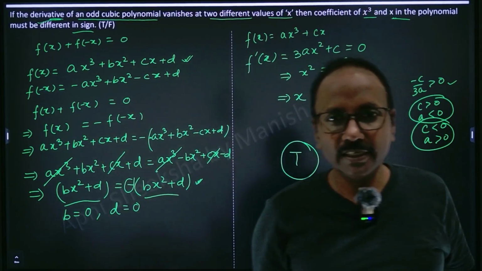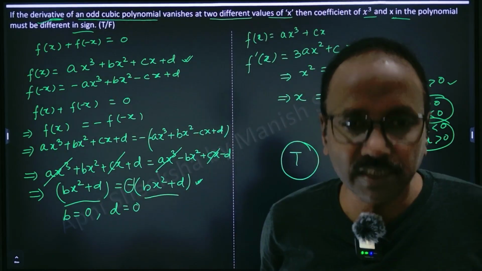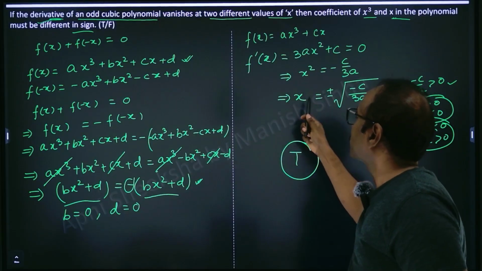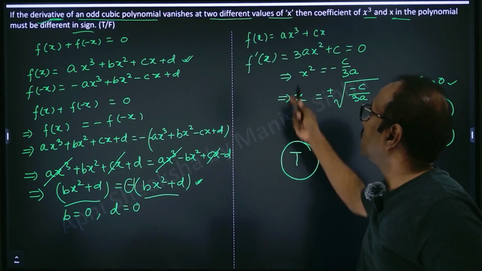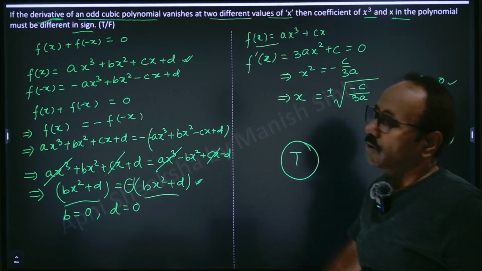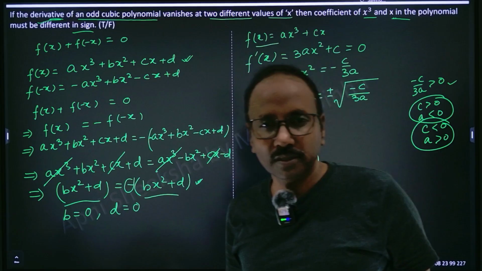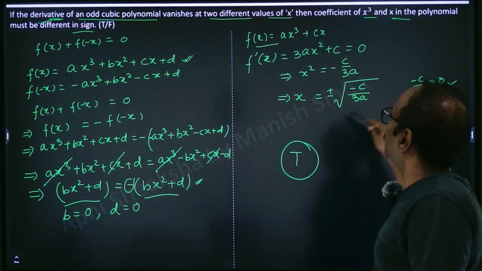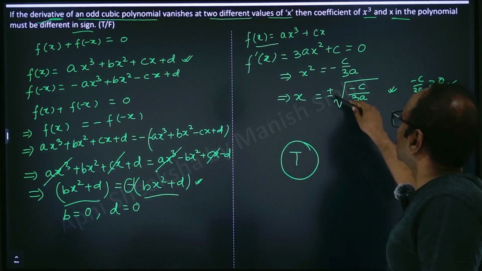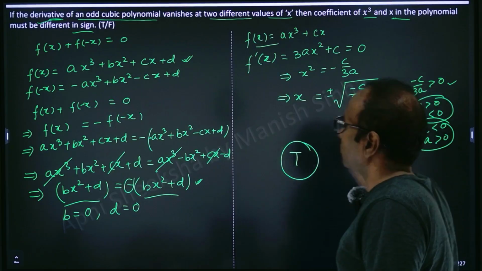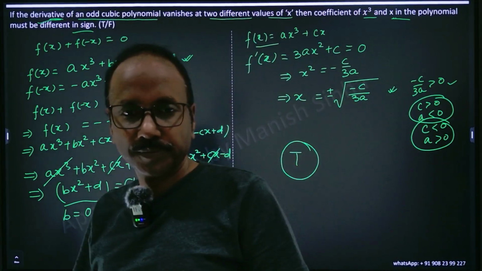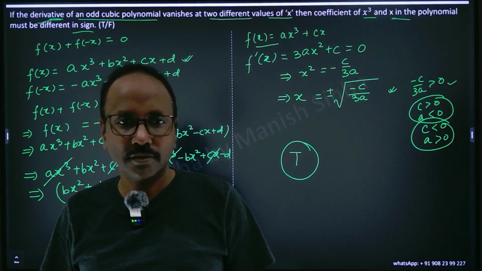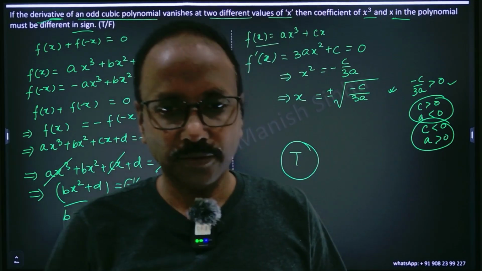If a and c are of opposite sign, then only you will get the real values of x at which the derivative of this odd cubic polynomial will vanish, that is, plus and minus square root of minus c by 3a. Thank you.